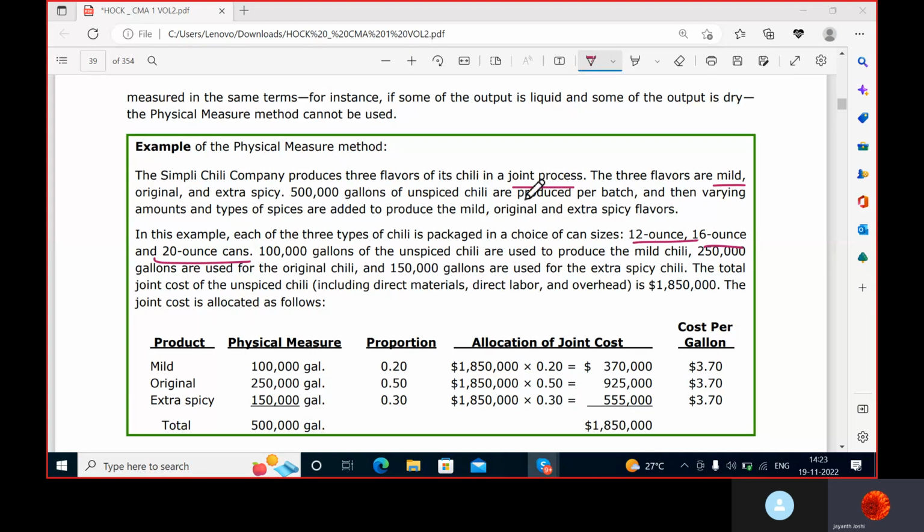So 12 ounce, 16 ounce and 20 ounce cans are there to fill this chili.